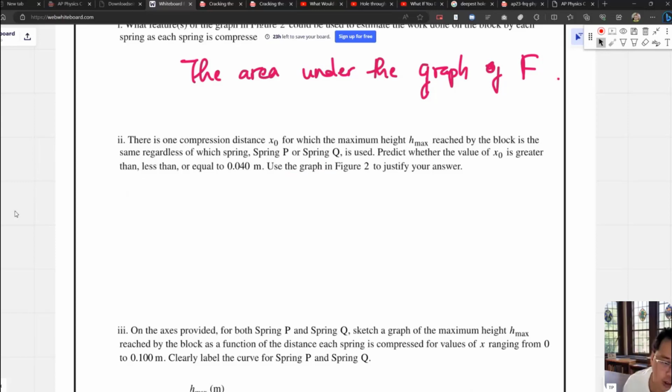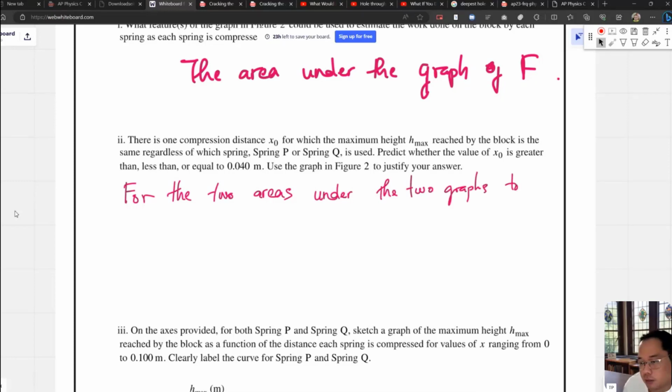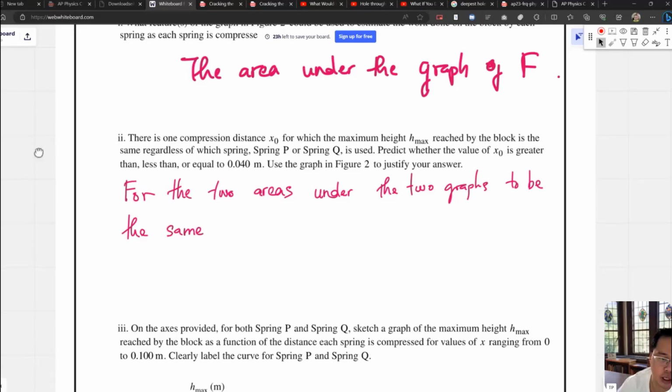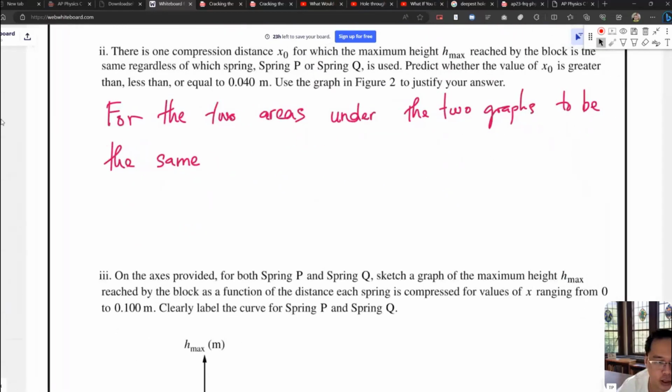Just say that for the two areas under the two graphs to be the same, so that the object reaches the same maximum height.